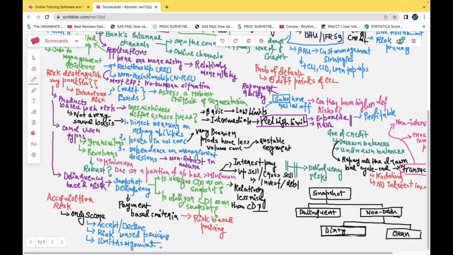How do we assess that business impact of the model?